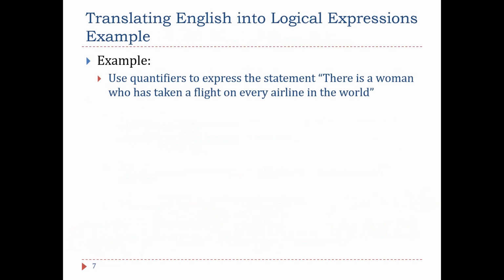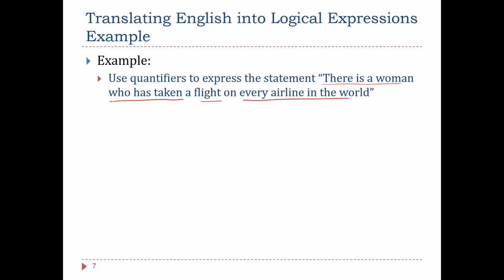Let's consider another example, and you will see how flexible you can be while representing this example, and it only depends on what you want to do next with your expressions or formulas. So, for example, we want to say that there is a woman who has taken a flight on every airline in the world.